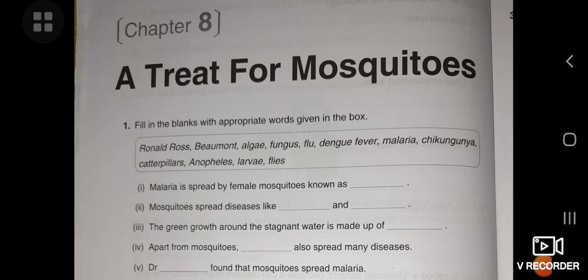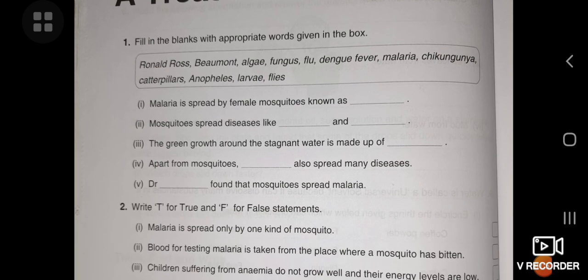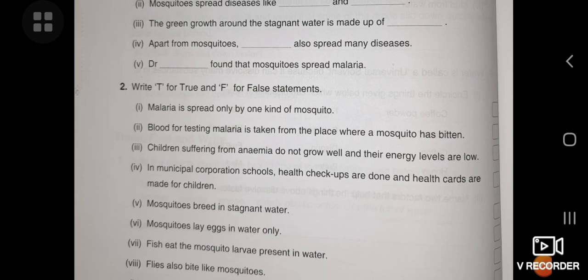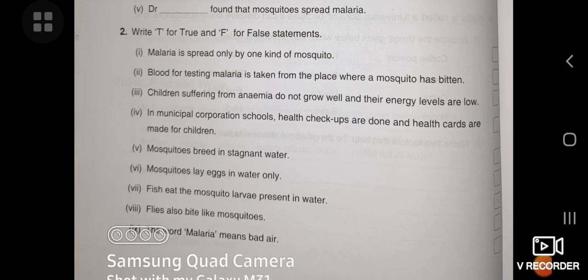Mosquitoes spread diseases like dash and dash. The green growth around the stagnant water is made up of dash. Apart from mosquitoes, dash also spread many diseases. Dr. Dash found that mosquitoes spread malaria.